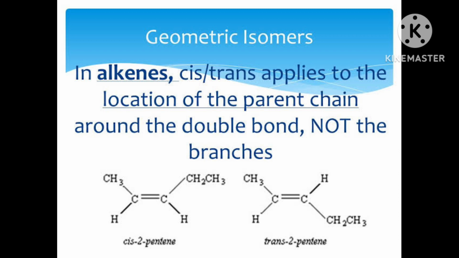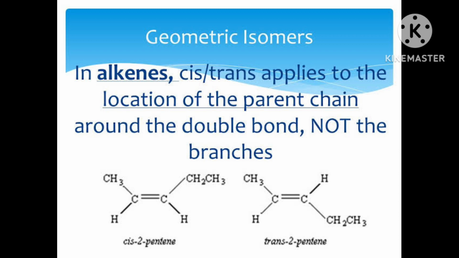Stereoisomers have two types: first is geometrical isomers, and second is optical isomers. Optical means related to light, because these optical isomers will differ in their behavior with light.